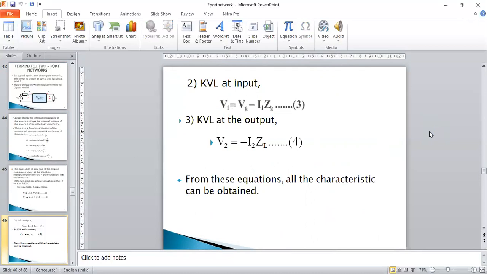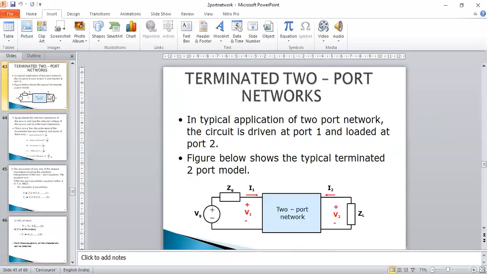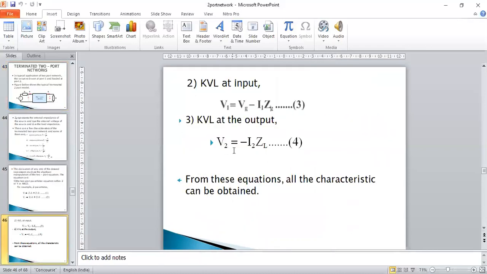Similarly, KVL is applied on the output side, and it is represented as V2 is equal to minus I2 ZL, which is equation number 4. From these equations, all the characteristics can be obtained.